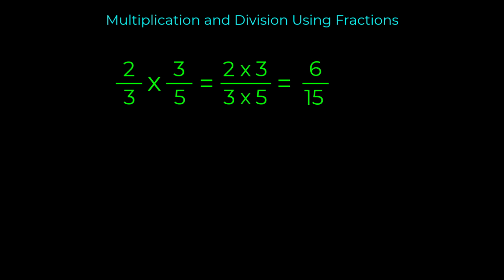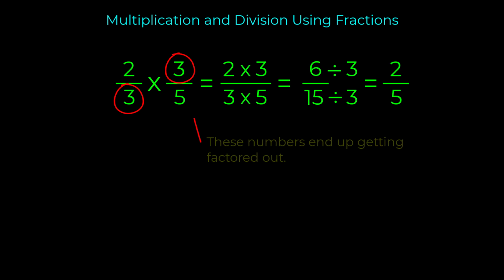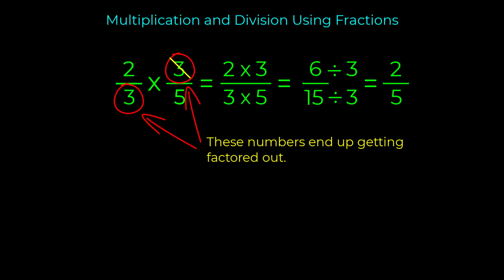To simplify it, we would divide both the numerator and denominator by 3 to give us a final answer of 2 over 5. But notice that the 3 I factored out of the numerator and denominator was in the problem from the very beginning. I could have factored out the 3's before doing the multiplication. That would save me time and reduce my chances of making an error.